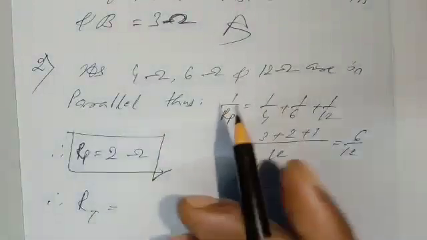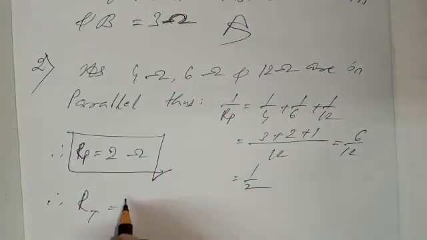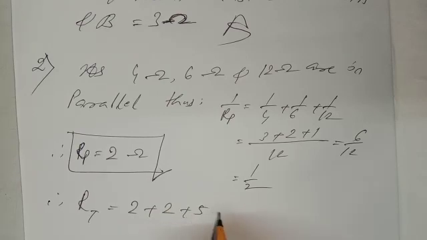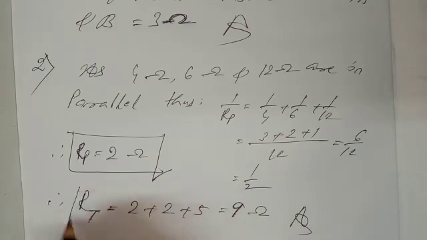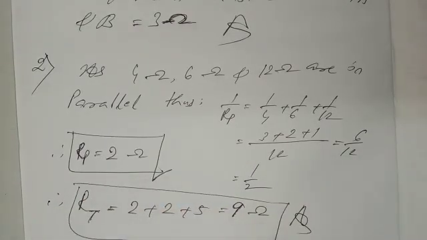The total resistance will be 2 plus 2 plus 5. How much getting? 9 ohm. Okay, this is the total resistance between A and B. In this way, question number 2 is also completed. Let us go to the next question.